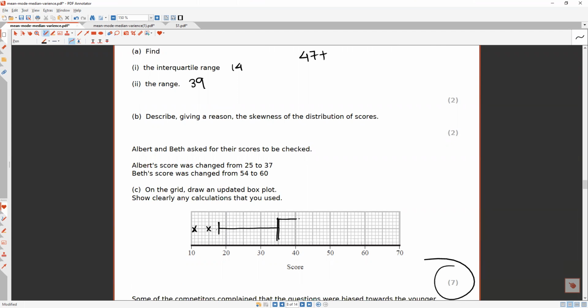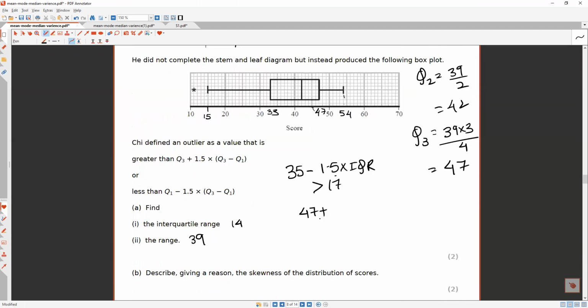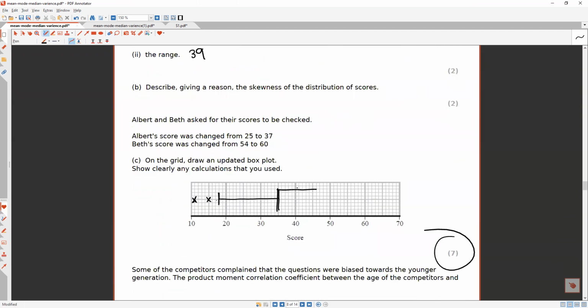Then Q2, what is Q2? Q2 is unchanged, 42. Q2 is the same as before, 42. Do you understand, Aisha? Then what did you get for Q3? Unchanged, 47. Okay. What is the last value we have?